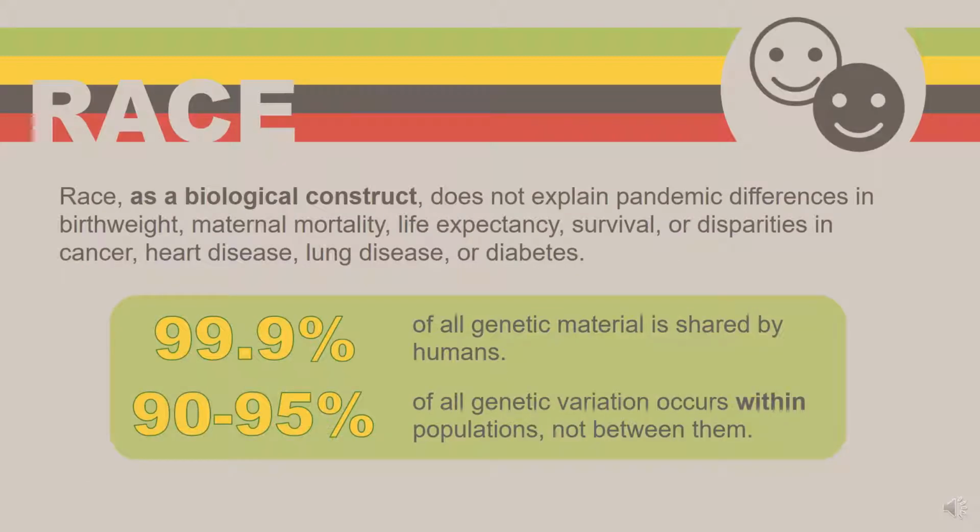As we do so, we need to remember that race, while not a particularly useful biological construct, does not explain much of the health differences between individuals. Yet, this is not to say that race, ethnicity, and ancestry, and so on, do not play an important role in health. In Canada, the social determinants of health approach has helped us to understand exactly how ethnicity and these other factors impact health outcomes for disadvantaged populations.